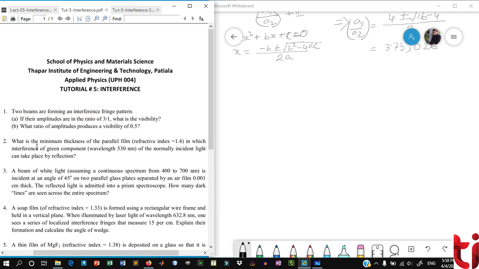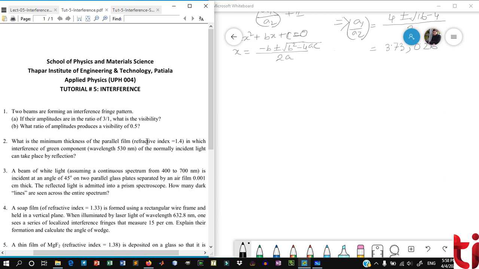For problem 2, what is the minimum thickness of the parallel film in which the interference of the green component of normally incident light can take place by reflection? So here we are talking about the interference due to a parallel thin film, and the interference is happening due to the reflected light from the parallel thin film.